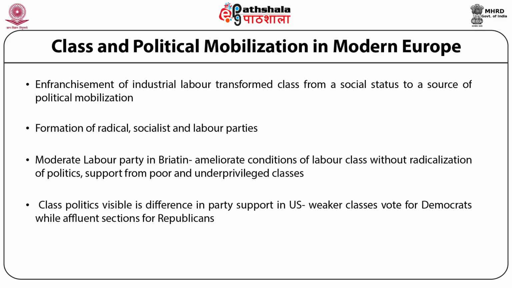So this kind of class distinction in party support is clearly visible in the United States, and this is a trend which still continues to exist, although the class cleavages may have weakened because of the salience of ethnic cleavages in American society.